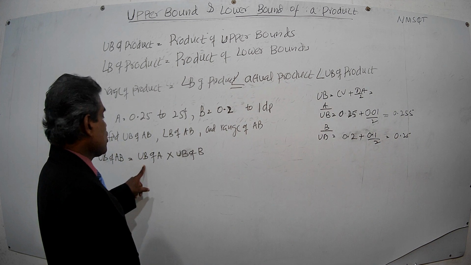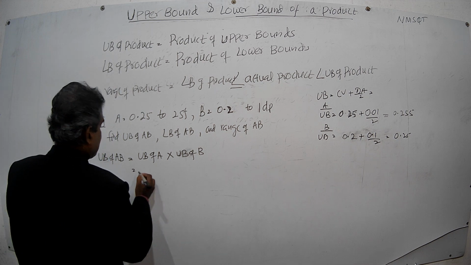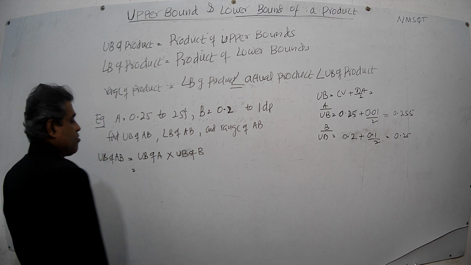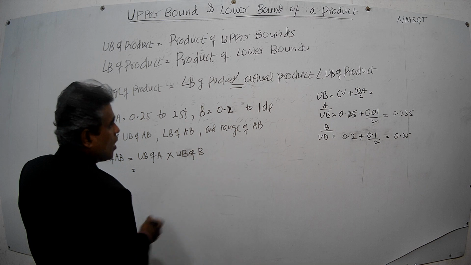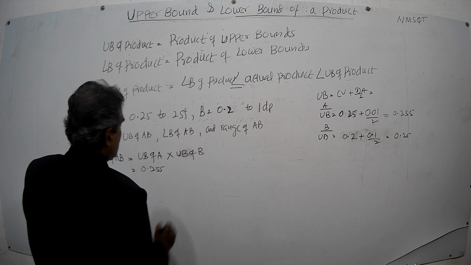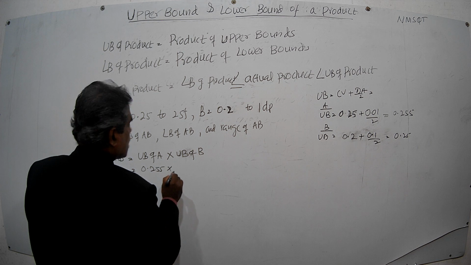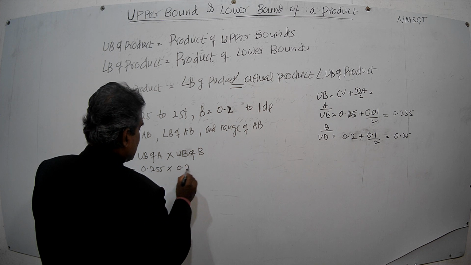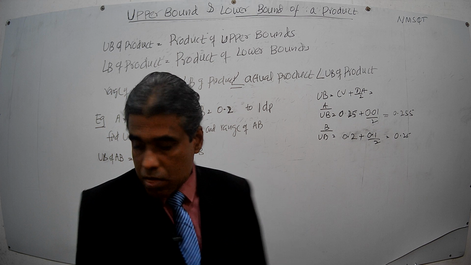Then you substitute into this one. Upper bound of the product A and B is equal to the upper bound of A multiplied by the upper bound of B. Upper bound of A is 0.255, then multiplied by 0.25. Right.